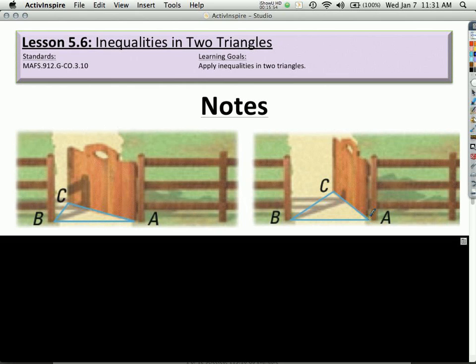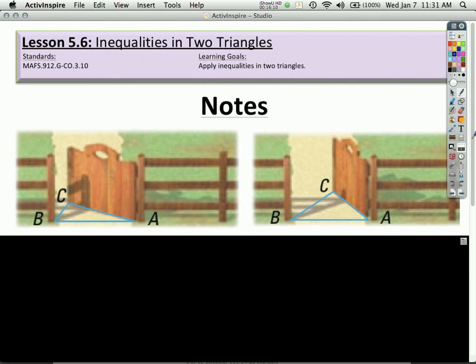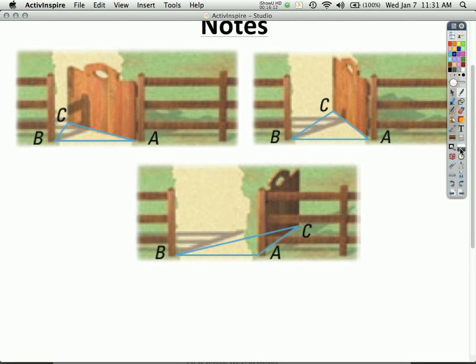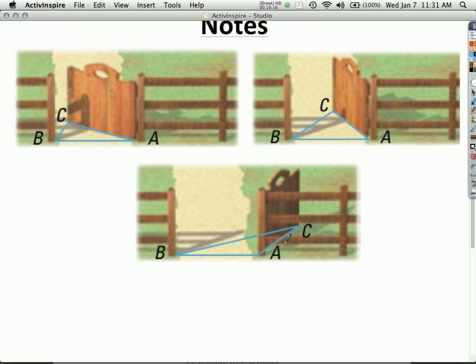So the only thing that changes is this distance, BC. BC changes depending on how far open, how wide the opening is of the door. And we can see it yet again in my third picture right here. Now my classroom doorway, it can't do this because there's a wall there.